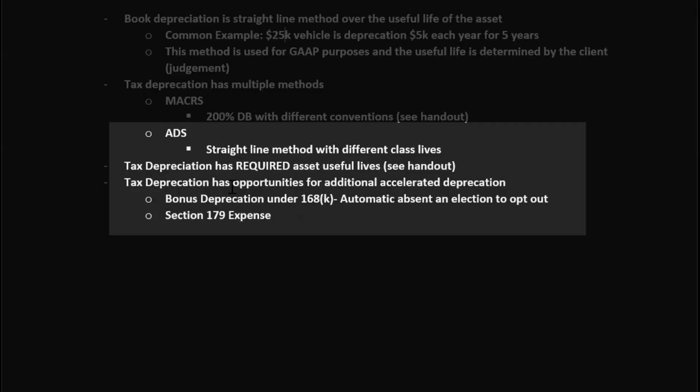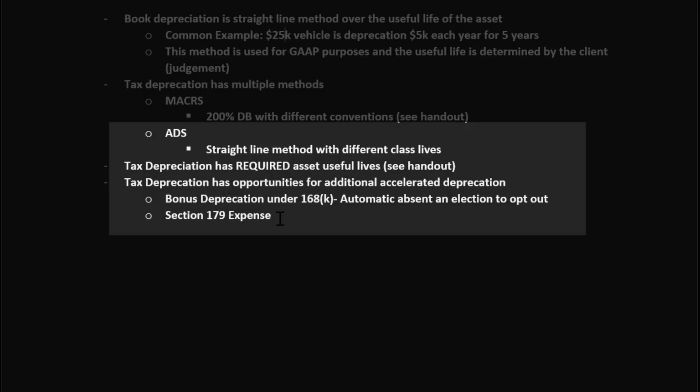And then for tax depreciation, okay, you've got your straight line for book. For tax, you've got this modified accelerated convention, but for tax you also have opportunities to accelerate depreciation with 2 methods. Okay, so you've got bonus depreciation, which we'll go over in the chart below, and you've got Section 179 expense, and we'll discuss the 2 below.